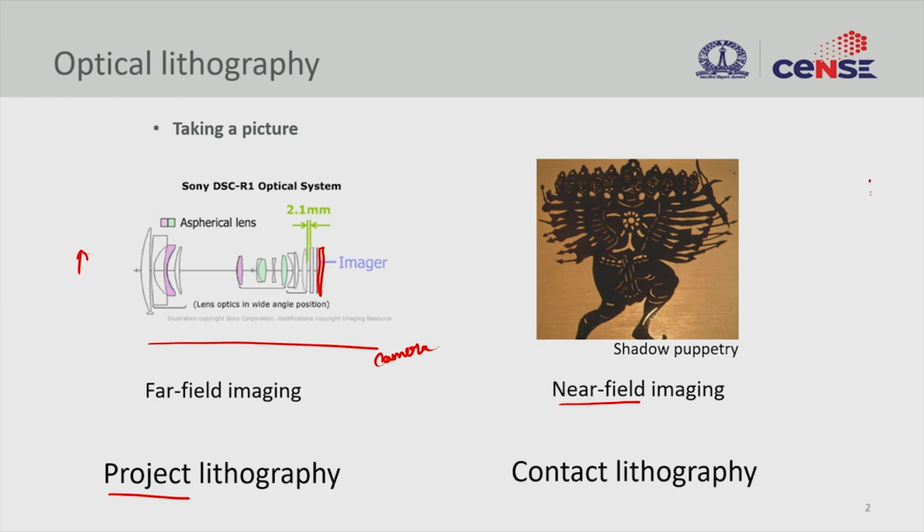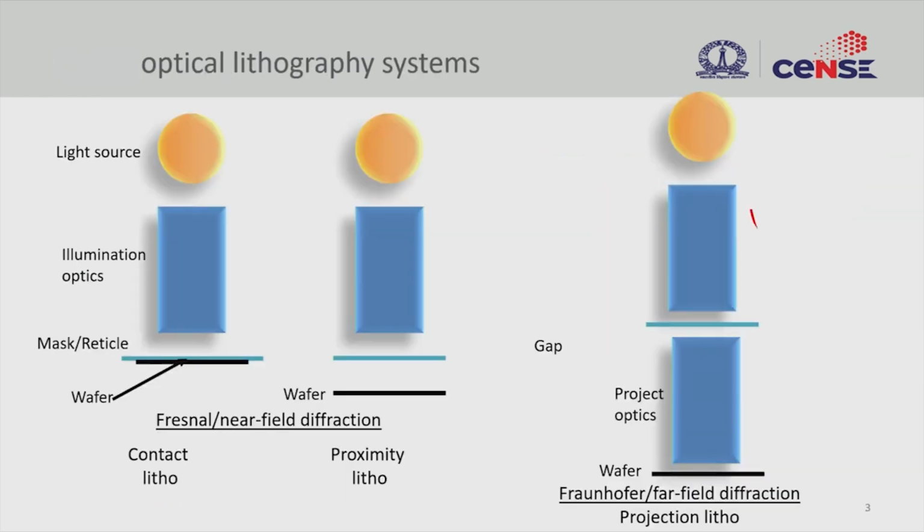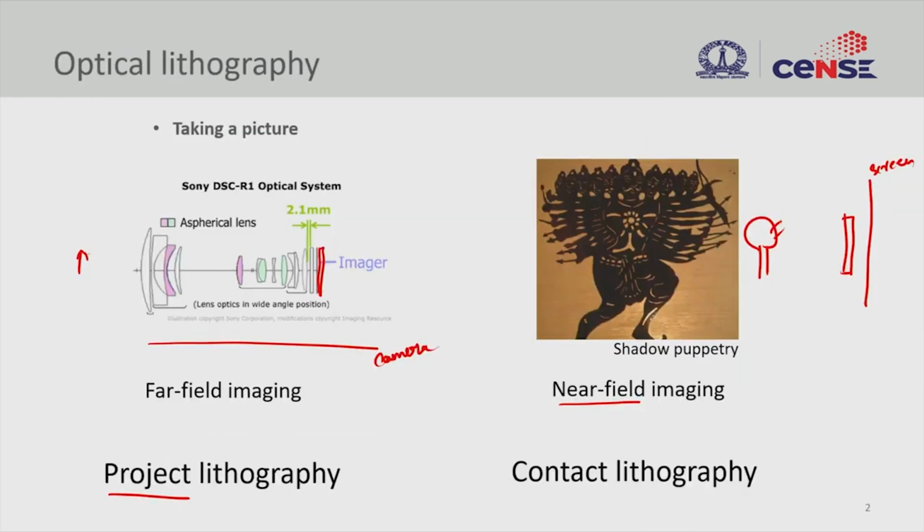And if this is the screen, and your object is very close, and your light source is far away from your object, then you have light coming through, and this distance between the screen and your object is very small.